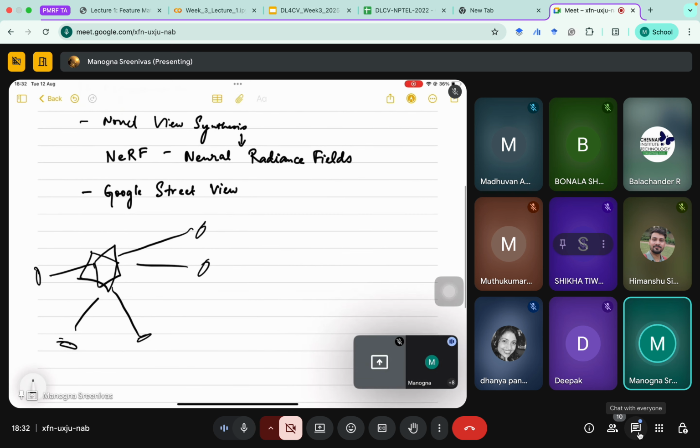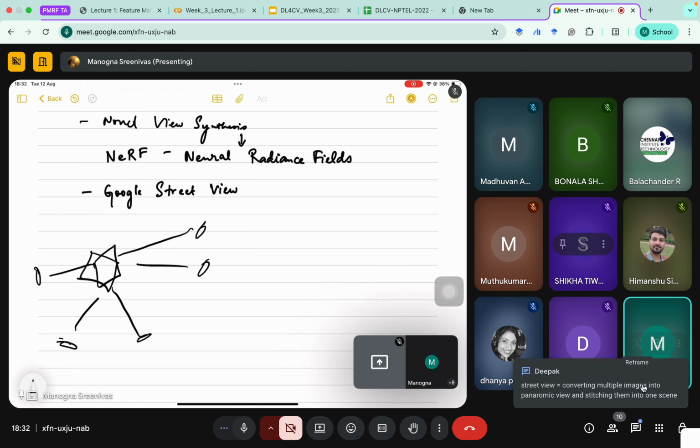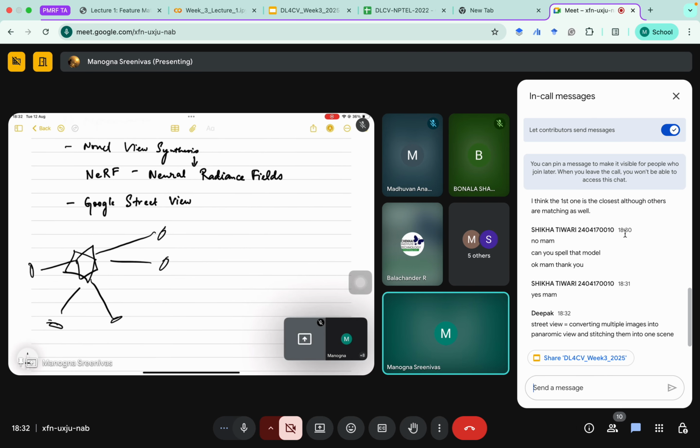But if I have to actually see the whole 3D representation when I'm walking by, yeah, that's exactly right. Based on what is common across all these views, I have to fill in for the other places, right?